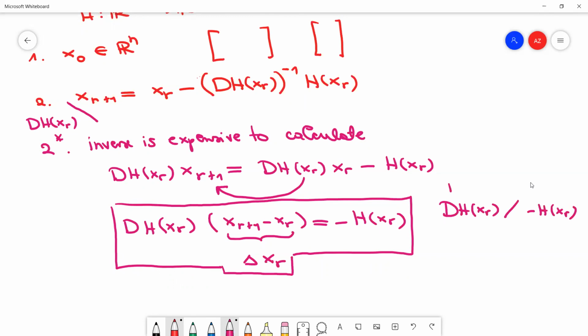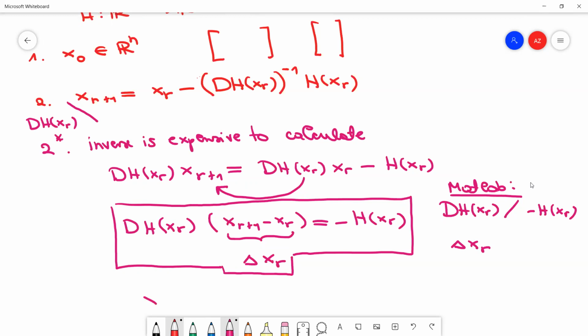So this is Matlab notation for solving this system by the method of LU decomposition. It's just Gaussian elimination in a more stable way. This is not the domain of mathematical modeling, but more of numerical mathematics. And we get this delta XR.